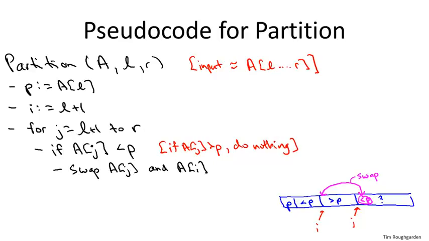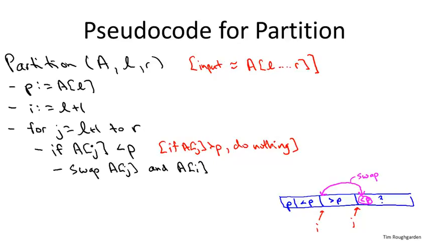So you can imagine a different implementation where you keep track of whether or not that's happened to avoid the redundant swaps. I'm just going to give you the simple pseudocode. And again, for intuition, you want to think about the case just like in the picture here in blue, where we've already seen some elements that are bigger than the pivot, and the next newly seen element is less than the pivot. That's really the key case here.